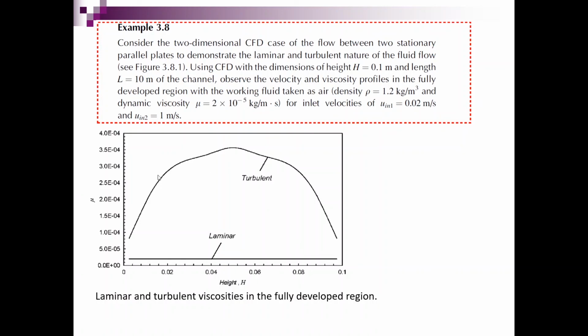So that's why we have a more blunt shape compared to laminar, because in laminar flow the viscosity is always constant anywhere in the flow, but not in turbulent flow. The viscosity for turbulent flow depends on the kinetic energy and also on the dissipation rate, so there's K and epsilon. That's why K and epsilon need to be calculated for turbulent flow in order to compute mu t, and then from there you can get the whole flow structure of turbulence.